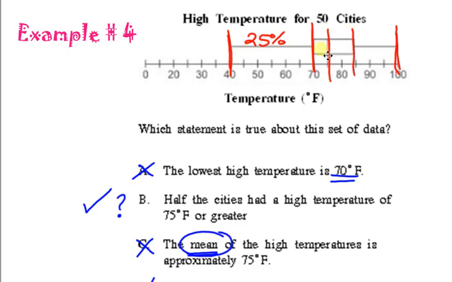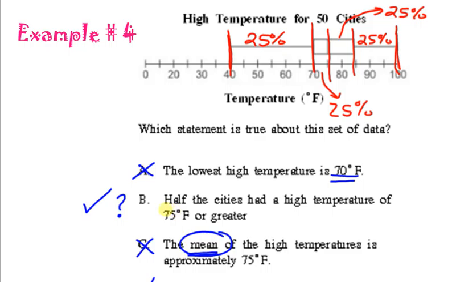Okay, so from here to here is 25% of the data. From here to here, again, no matter how big, no matter how small, it is also 25% of the data. From here to here, no matter how big and how small, it is also 25% of the data. And from here to here, no matter how big or how small, it is 25% of the data.